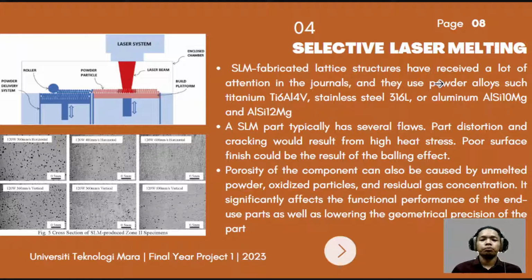The poor surface finish could be the result of the balling effect. Porosity can also be found in selective laser melting, as you can see on the diagram. This is the porosity found in the material produced by SLM.